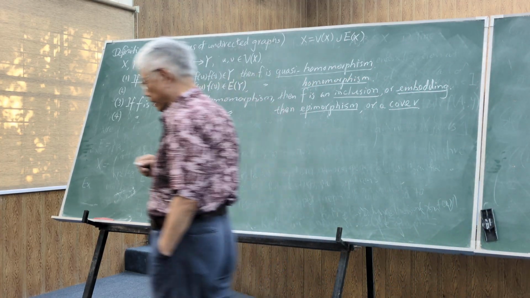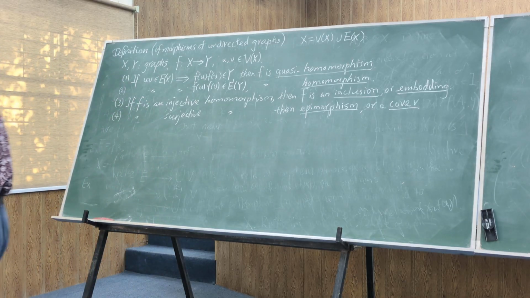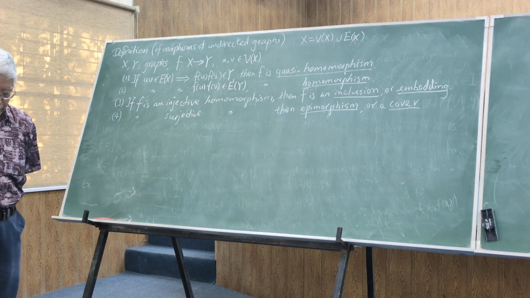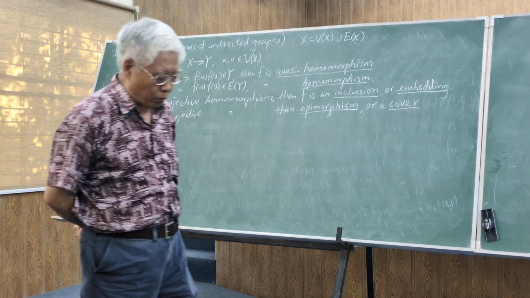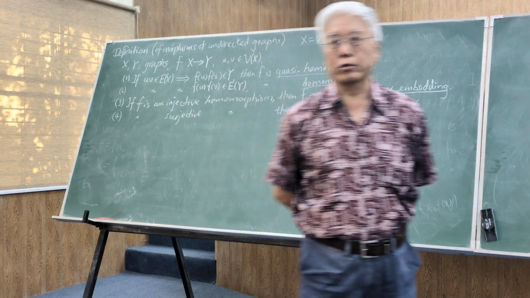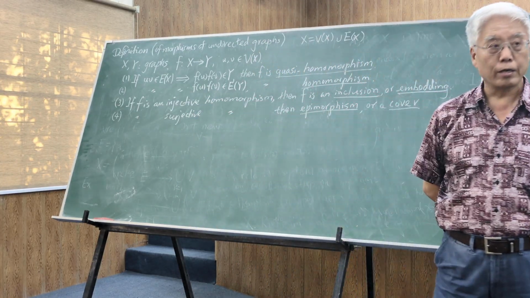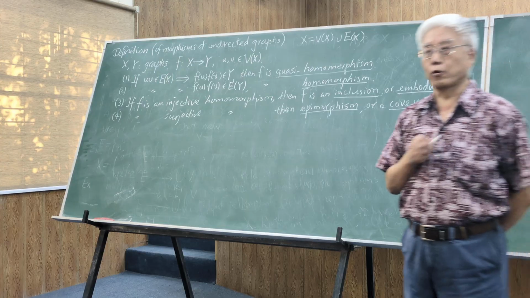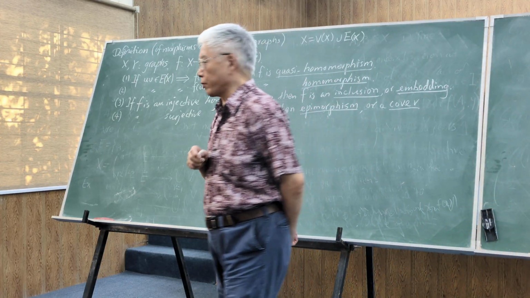So we are actually covering the edges of y by the edges of x in that case. It's surjective. The image of edges are edges, so the edges of y are completely covered by edges of x. And for such a covering, there are lots of subdivisions of this concept. If such a covering covers every edge of y by r edges of x, then it's called an r-fold cover. We're going to see examples. R-fold cover. And there are lots of beautiful examples out there.